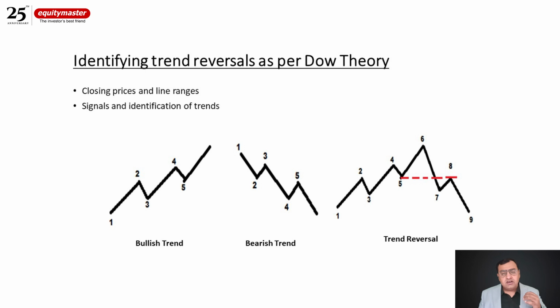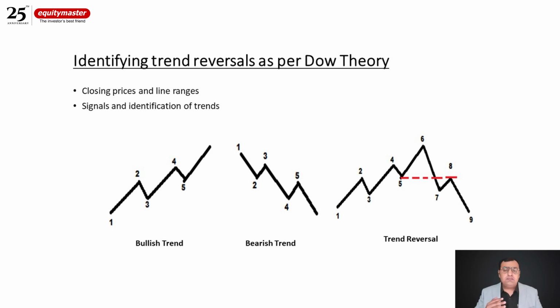Say 1 was around 100, 2 is somewhere around 105, 3 is somewhere around 102, and 4 goes above 110. If you look at the highs, 100 to 105, 105 to 110, 110 to 115, and the lows from around 103 to 106, 106 to 109, it means the prices are forming a higher high, higher low structure. It's a sign of a bullish trend.